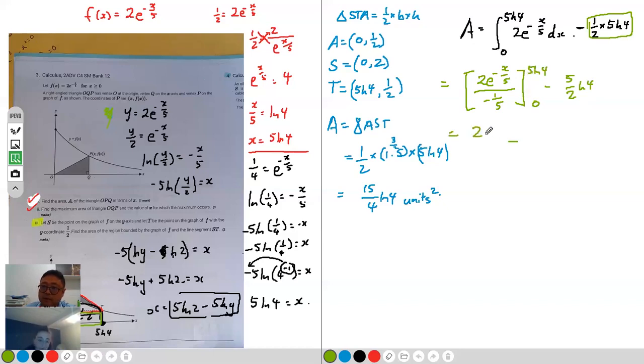So it's 2e to the minus 5 ln 4 over 5, and this bit becomes times negative 5, minus 2e to the 0 times negative 5.